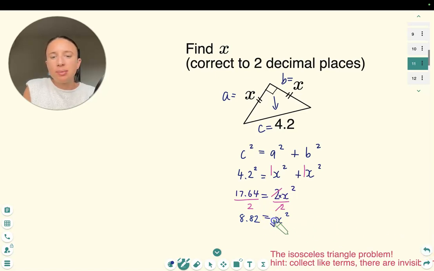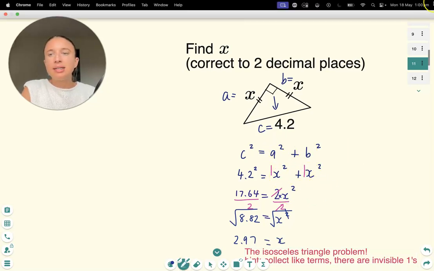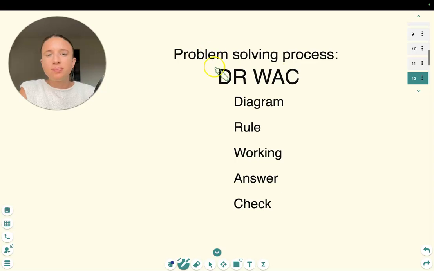The opposite of squaring something is square root. What you do to one side, you do to the other. So we're left with x, and it says correct to 2 decimal places. And so 2.97 is what that answer will be. So this is the isosceles triangle problem. Collect like terms, and there are invisible ones, so keep that in your mind.